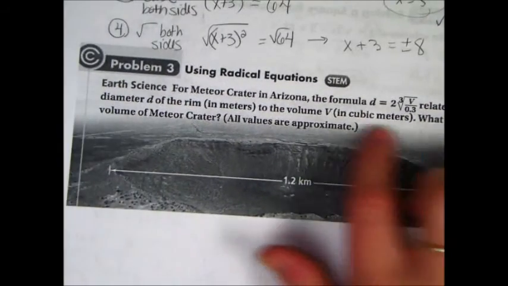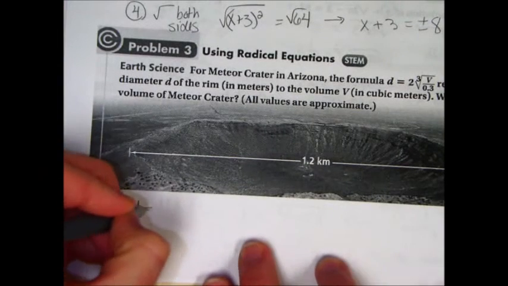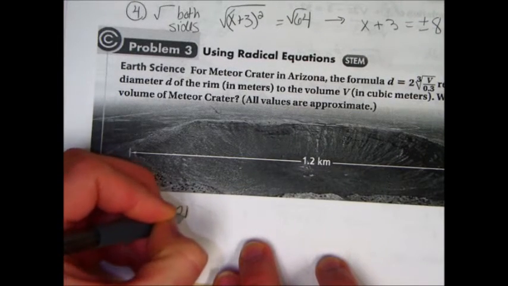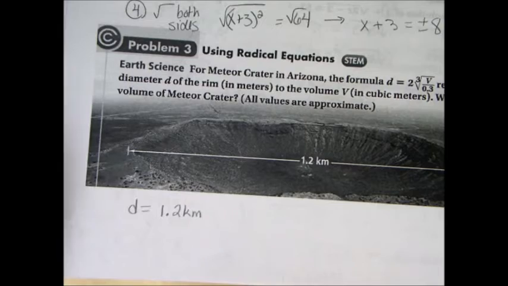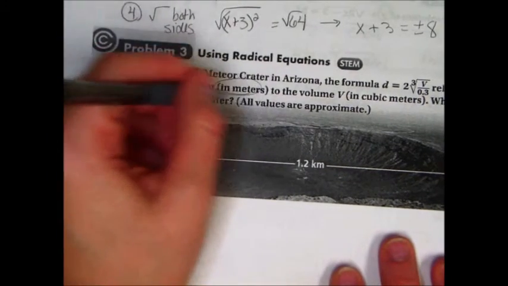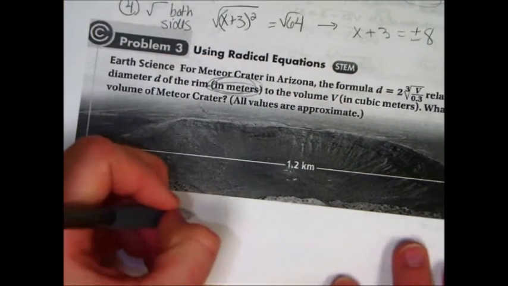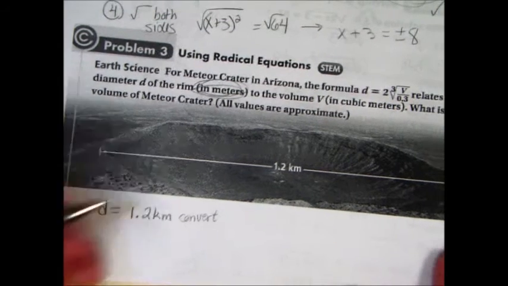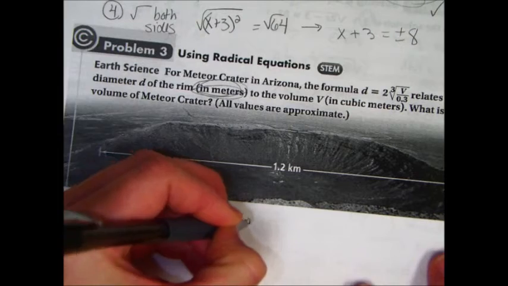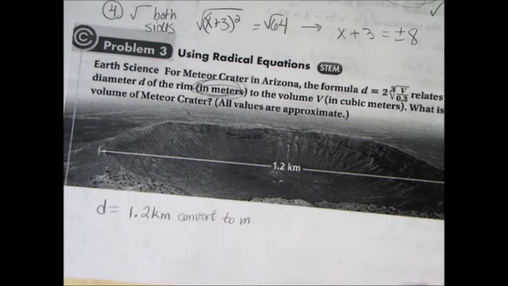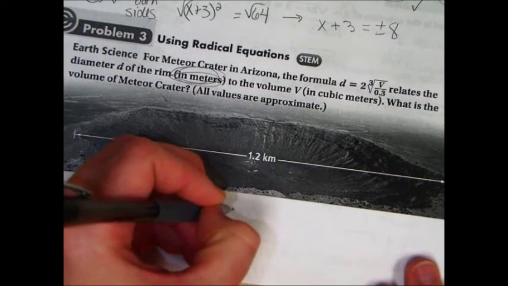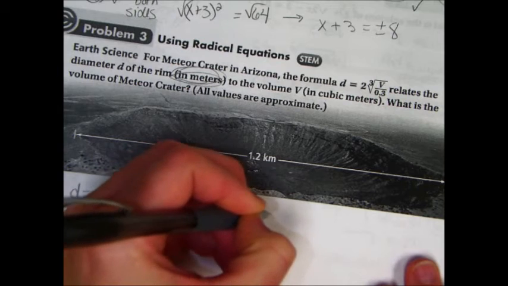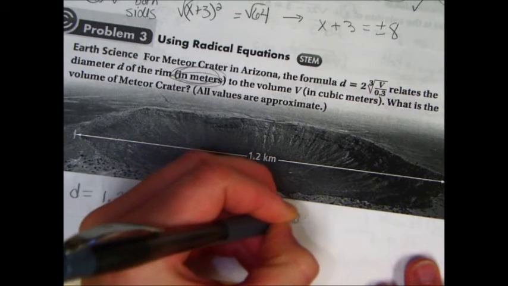So we have this crater, and you have the entire circle, and they're telling us that the diameter of your circle is 1.2 kilometers. But this problem is in meters, so we have to convert by multiplying that by 1,000, so times 1,000 equals 1,200 meters.